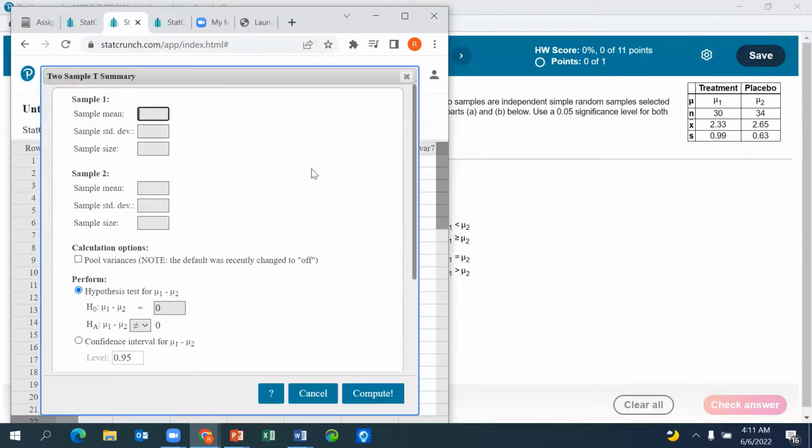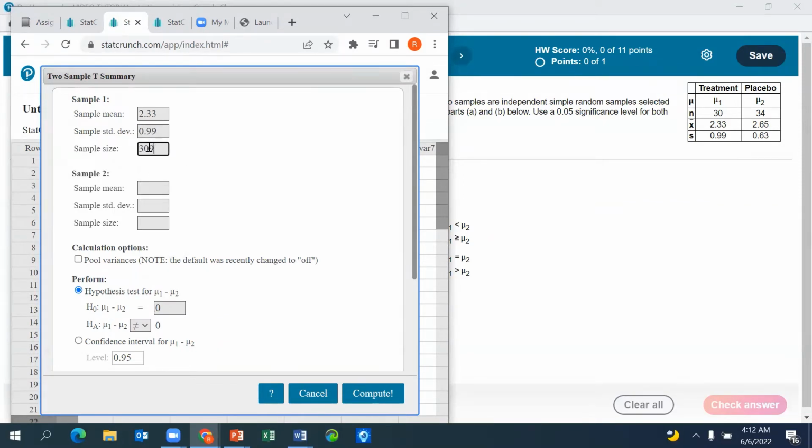Now they want us to enter the sample mean, sample standard deviation, and sample size. I can see them on my page right here, so I can just enter them. The sample mean for the first sample is 2.33. The sample standard deviation is 0.99. The sample size is 30.